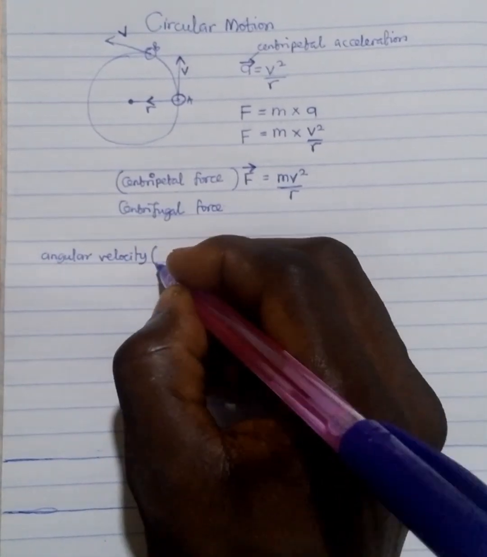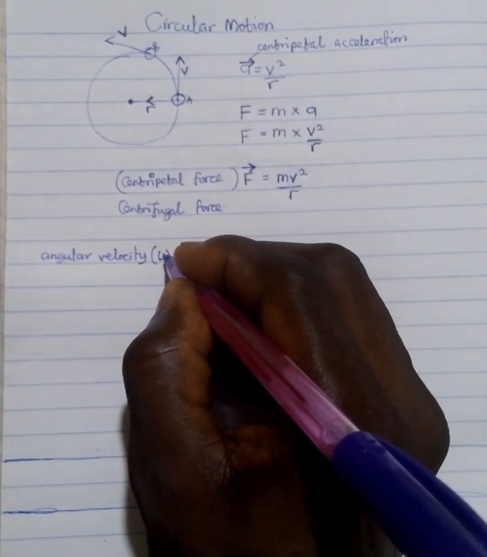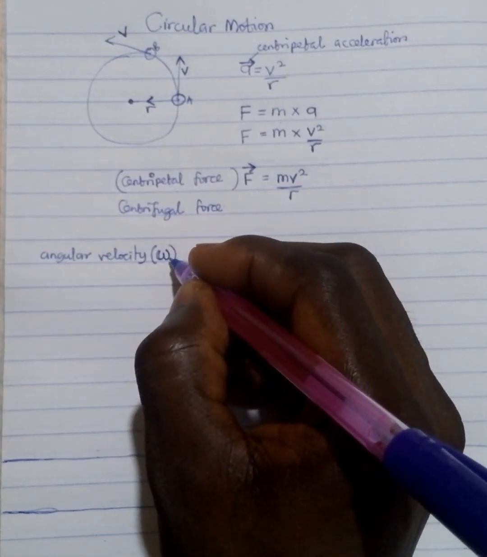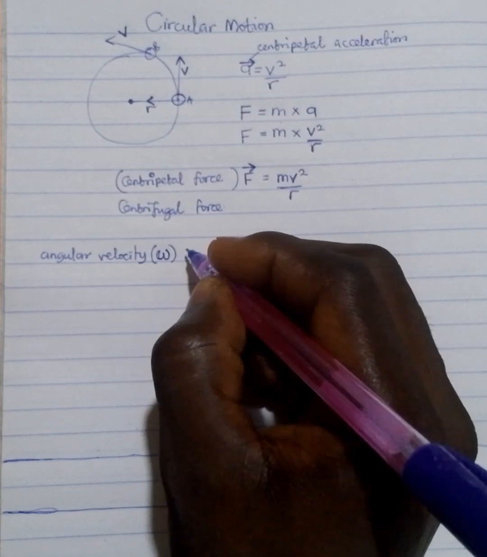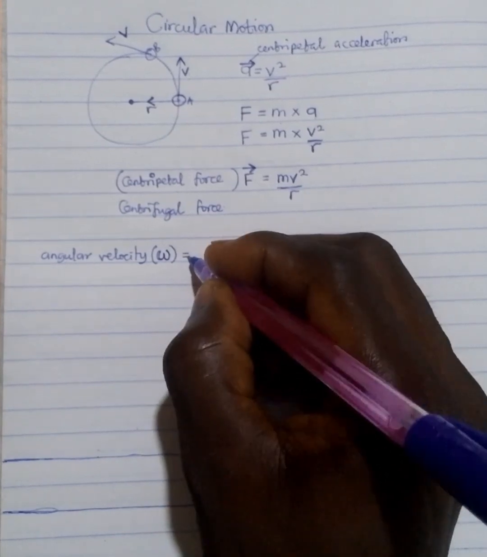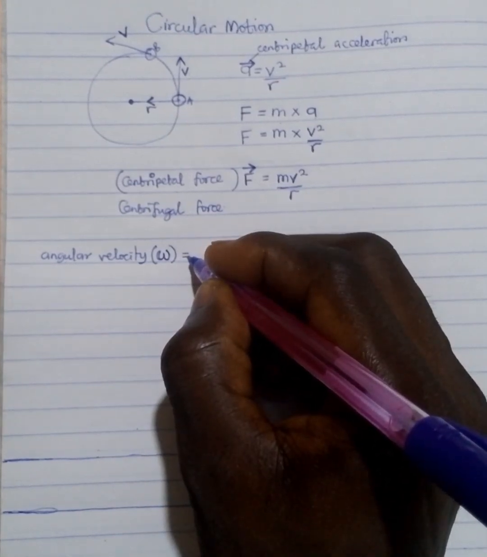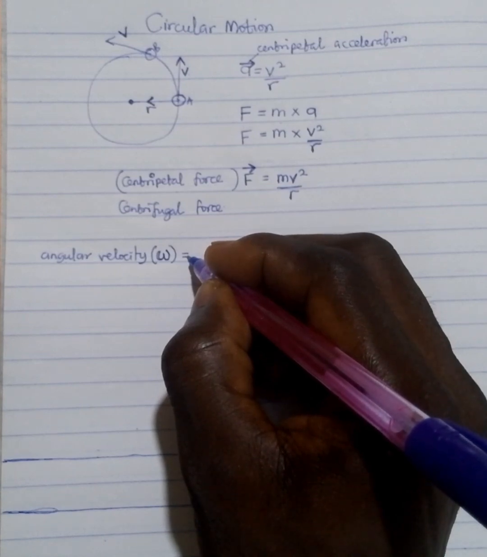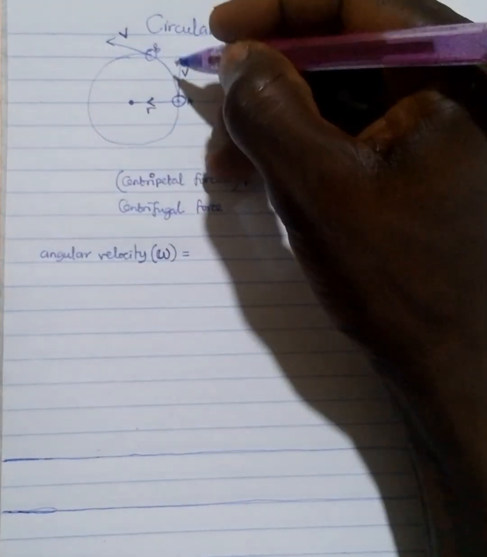We'll represent angular velocity with the symbol omega, and that is equal to, the same way velocity is displacement over time. In this case, look at this.